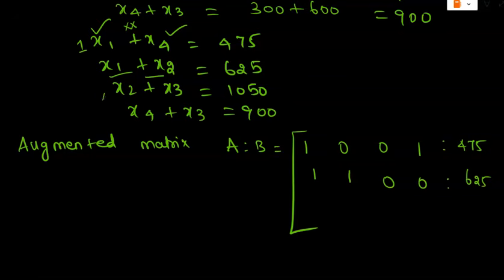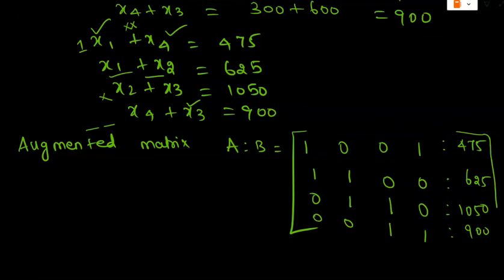And the next line, x1 is not there, so 0. The x2 coefficient is 1, the x3 coefficient is 1, there is no x4, 1050. And last, there is no x1, no x2, and x3 is 1. Here we have the x4 coefficient as 1, 900. And this is your augmented matrix.